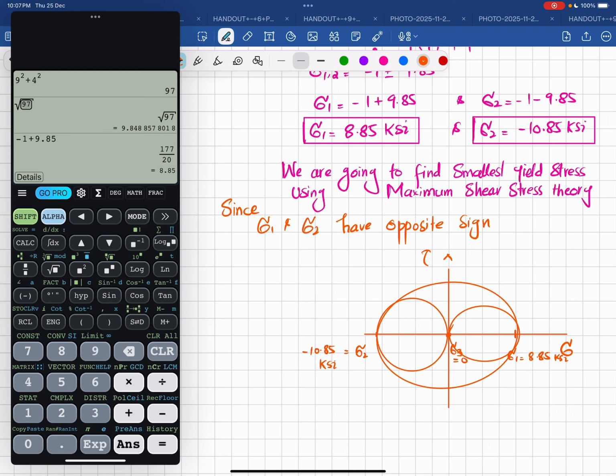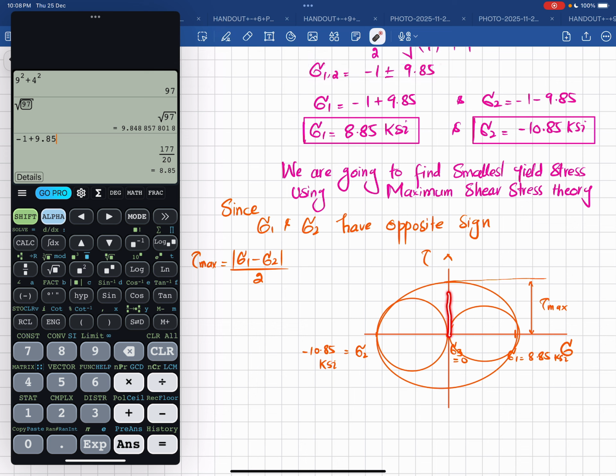So you can see the maximum shear stress using the maximum shear stress theory. This will be the maximum shear stress, and it will be equal to (sigma 1 minus sigma 2) divided by 2, which is the radius. Again, you can see this is the radius here. This radius can be obtained if you take this whole distance and divide by 2, which gives the radius r, the maximum shear stress.